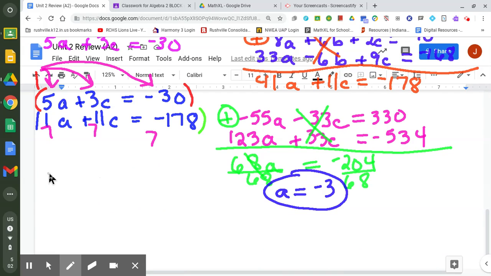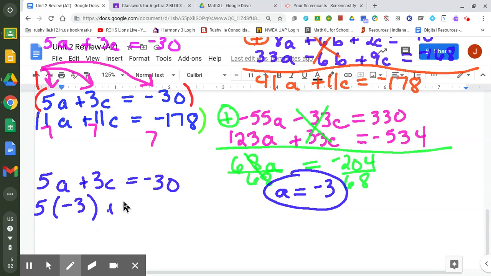So if I take that very first blue equation right there, 5a plus 3c equals negative 30, and I put this negative 3 in for the a, I'm going to have 5 times negative 3 plus 3c equals negative 30.